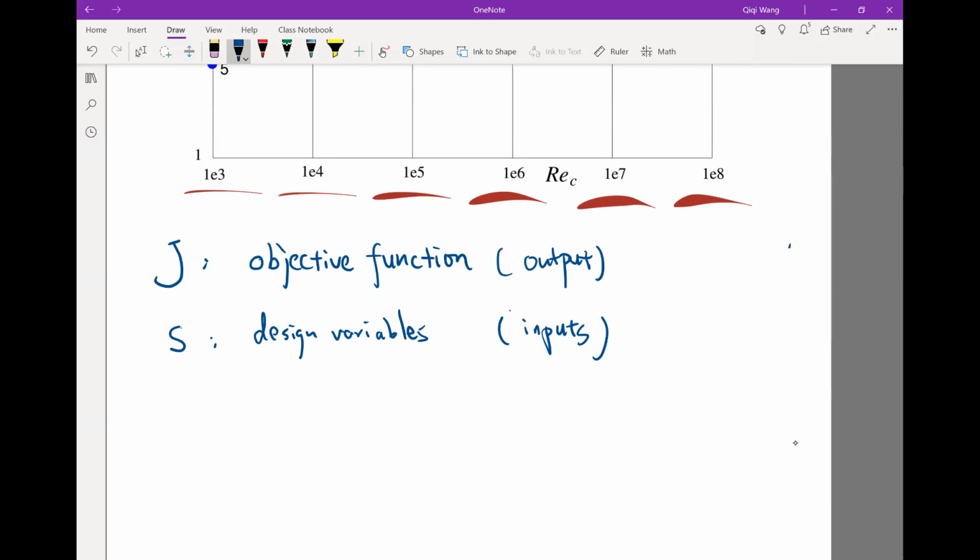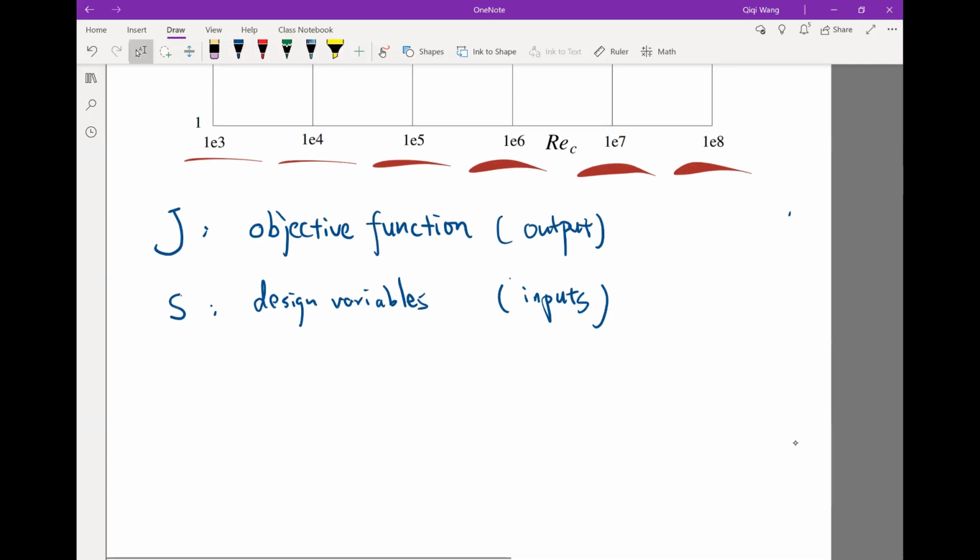For example, in this airfoil design case, the design variables have a few dozen dimensions. Things get even more complex if you're designing a wing as opposed to an airfoil. Then the number of design variables can easily become more than 100. But still, you are looking at a few objective functions like maximum lift coefficient or L over D.